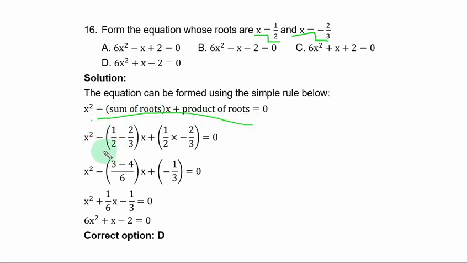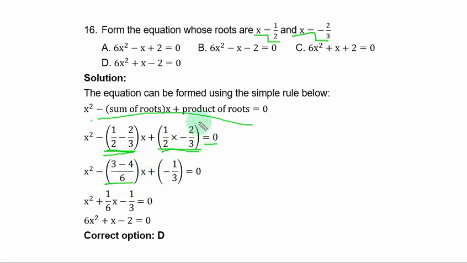You have the sum of roots, the two roots added together, times s, and the next part is the product of roots, the two roots multiplied together, and you equate it to 0. If you simplify this by finding the LCM, you have this result.